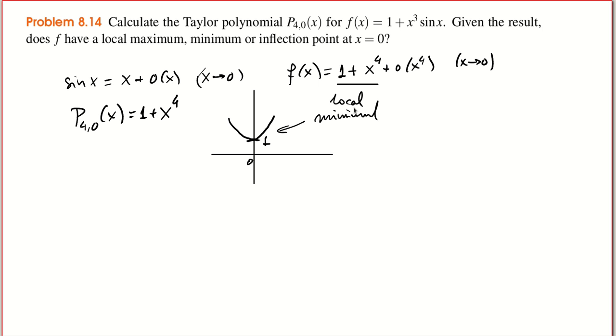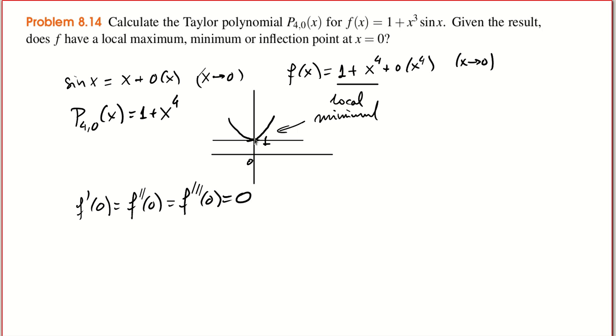You can also prove this in a more rigorous way, because the conclusion of this being the polynomial is that f prime is equal to f second and is equal to f third at 0, and all three are equal to 0. Since f prime is equal to 0, then we know that the tangent is horizontal there.